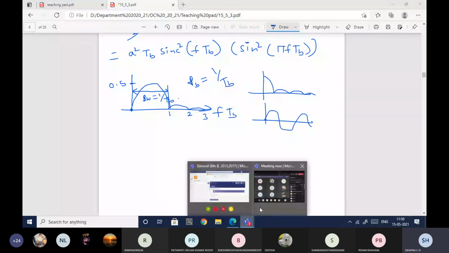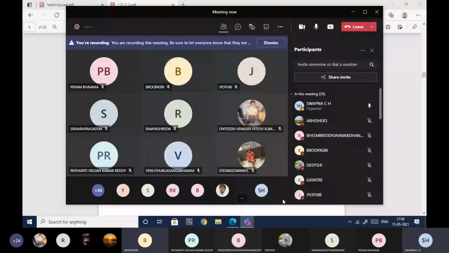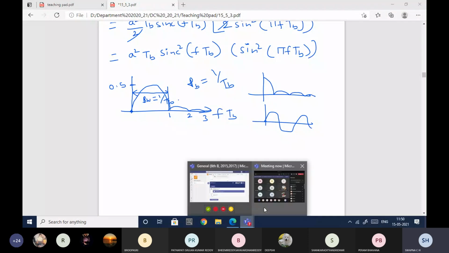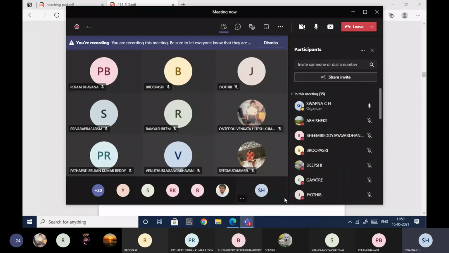Yes, I'll take and finish it off, because the next module portions are huge. I need to finish 4 topics, but it's all derivation, so it takes time. So that's the reason. Let me take class today only.